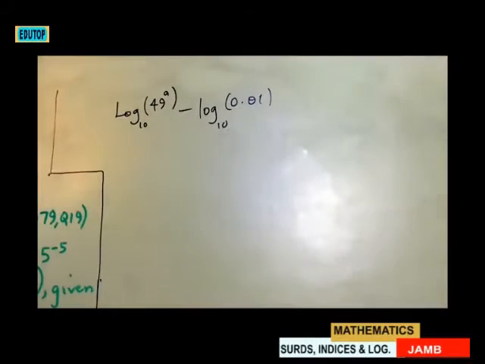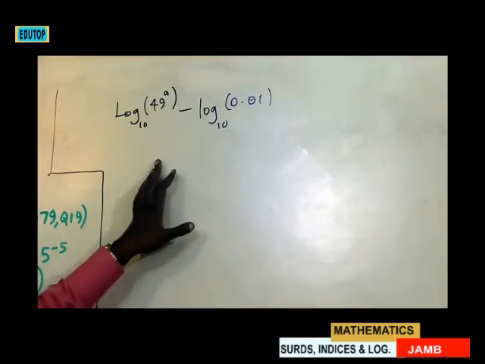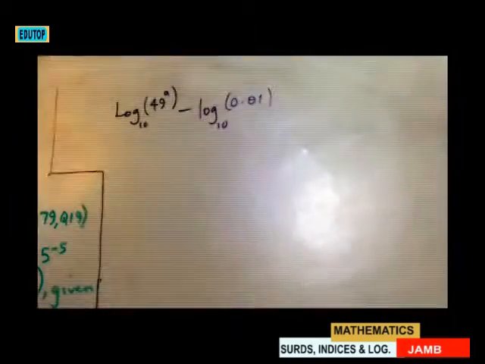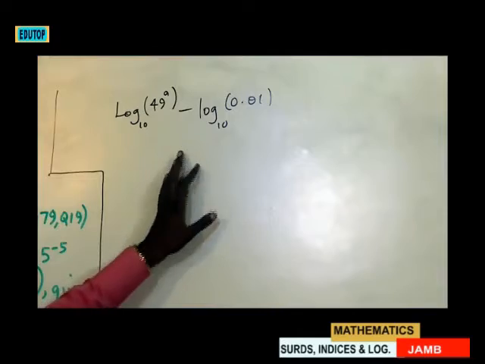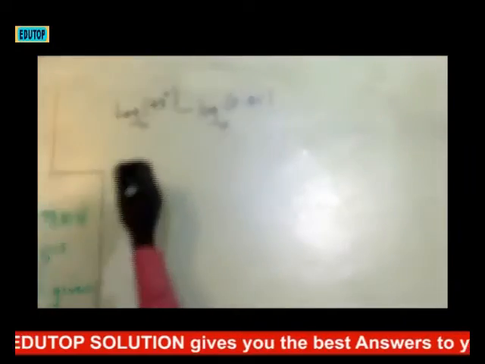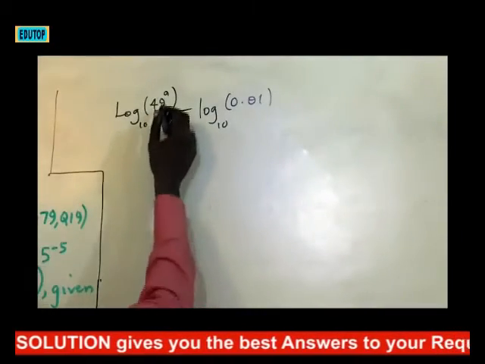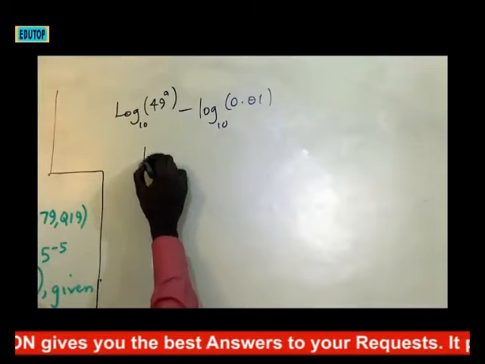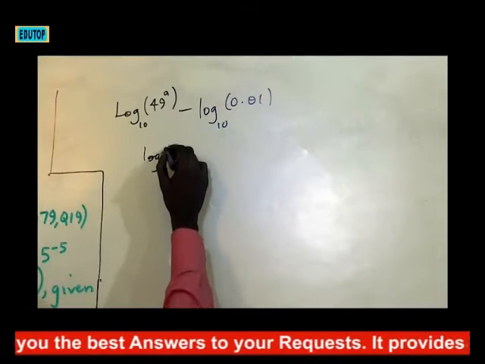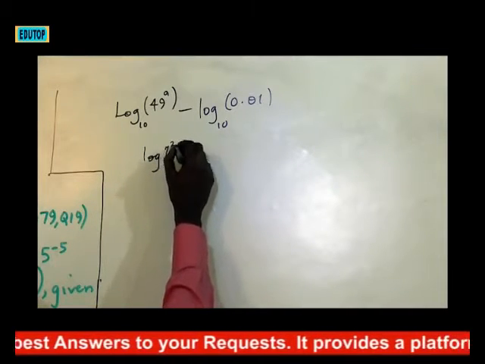And the question asks us to simplify what we have. So the first thing I'm going to do here is to write this as log, because anything you are doing, you have to be mindful of your options.